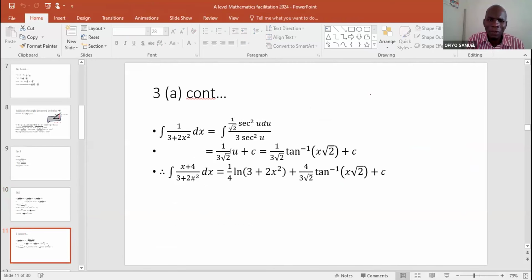When we integrate, we get 1 over root 2 u plus c. Then when we substitute back for u, we get this. Later you combine with the first part, and then we get the solution. So that's what we do.